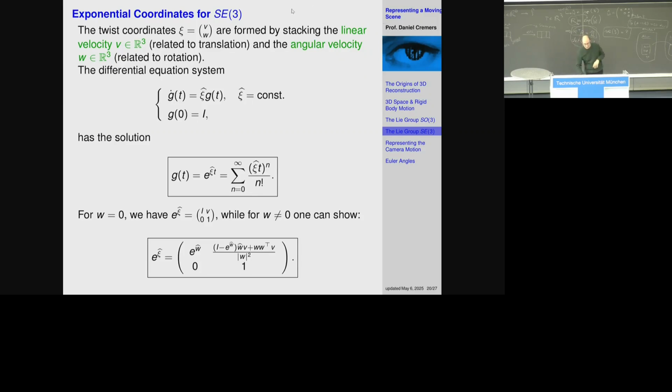And in the same way, the change in rotation is given by what's called the angular velocity. That's what you have when you have an ice skater spinning on the ice. They have a certain angular velocity, right? Means they rotate. They don't actually move in space, but the rotation changes, and that is governed by this angular velocity, and that is the w. It's defined by a rotation axis and the speed of rotation.